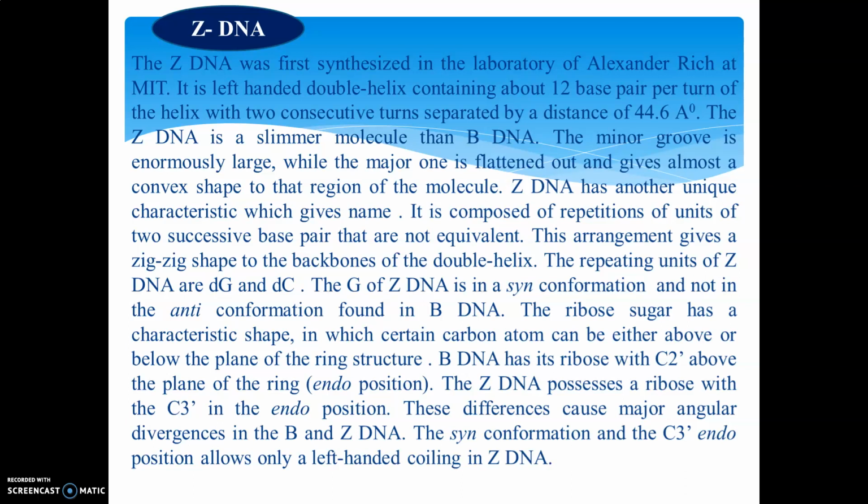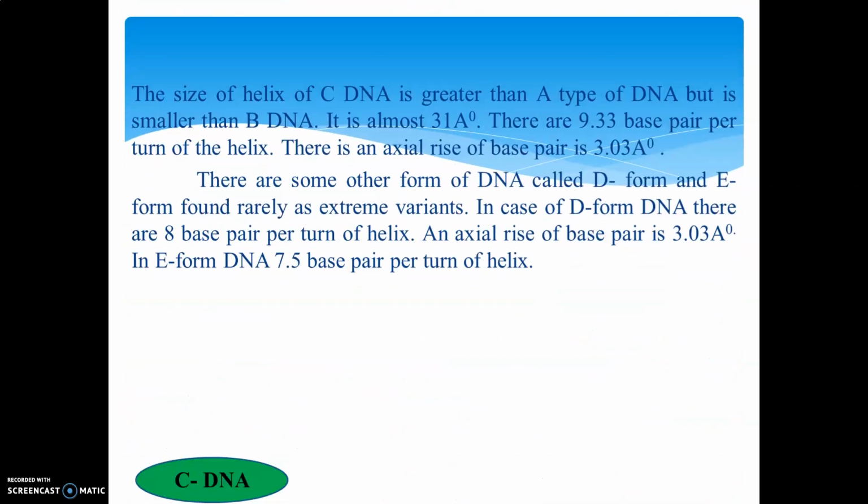B DNA has its ribose with C2 above the plane of the ring, that is the endo position. Z DNA possesses ribose with C3 in the endo position. This difference causes major angular divergence between B DNA and Z DNA. The syn configuration and the C3 endo position allow only left-handed coiling in Z DNA.